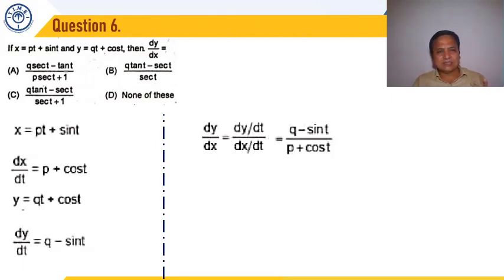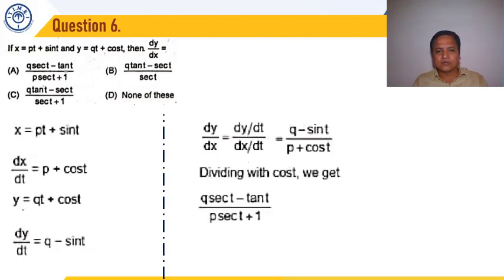But our options are expressed in a different form. Now we have to manage this by doing some operation on this value so that we can match our options. So we divide numerator and denominator by cos t. So 1 upon cos t is sec t. So it becomes q sec t minus tan t upon p sec t plus 1.